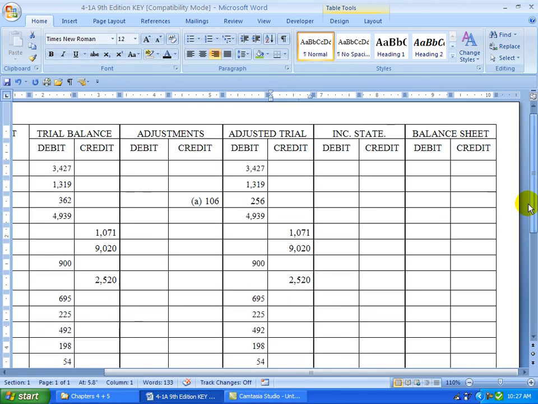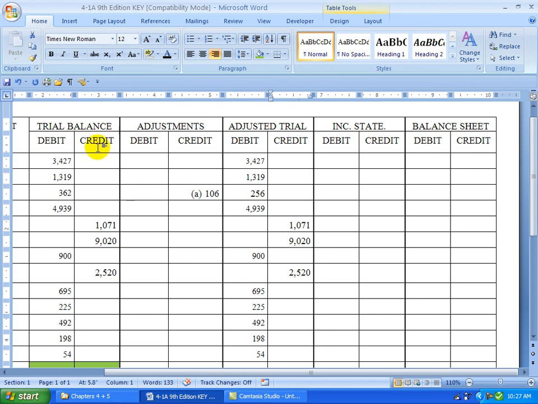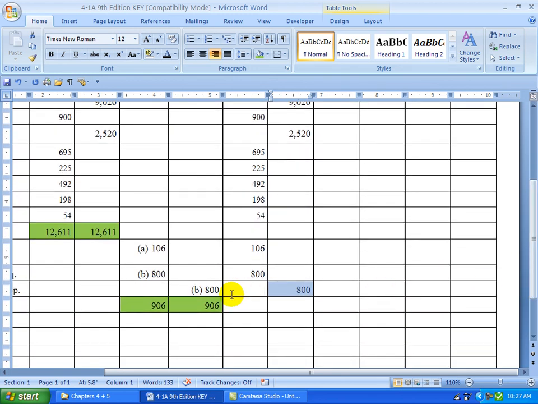So what we've done here in the adjusted trial balance is we've combined the trial balance totals with the adjustment totals to bring it up to date. When we're done, we're going to add both of these columns together, and both sides should equal, and we're also going to put a single line above and double line underneath. And I'm going to stop this one.